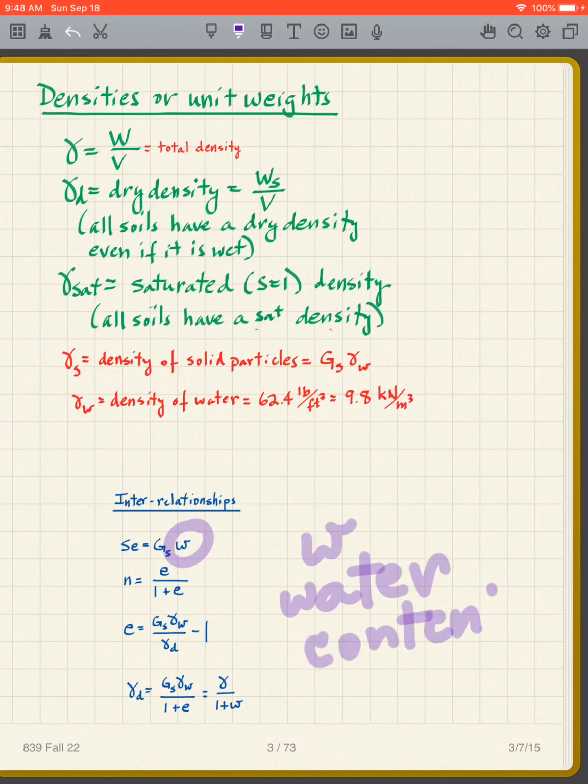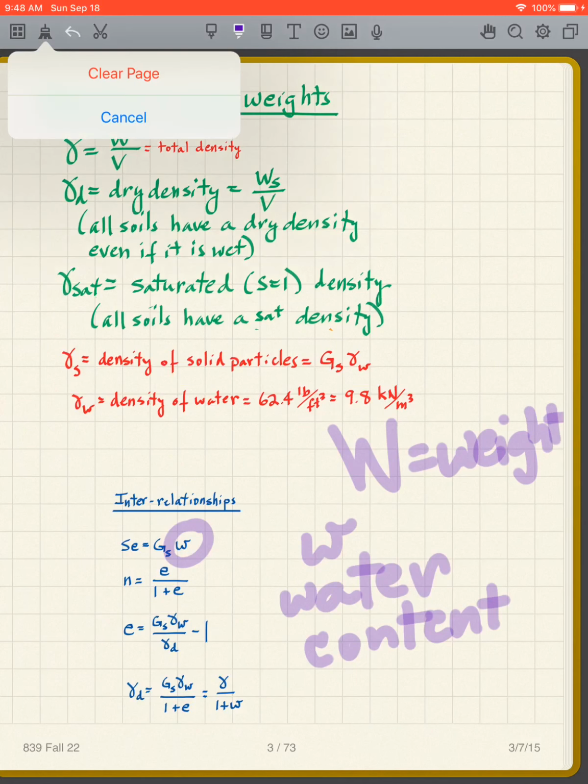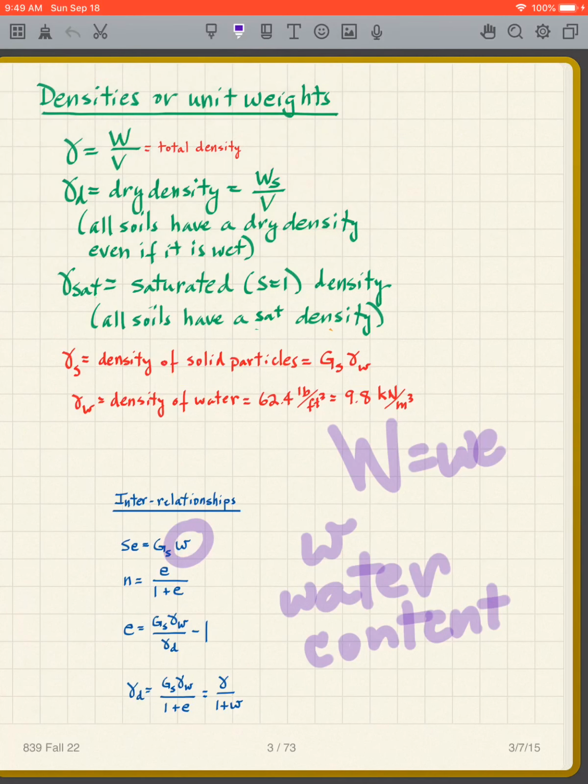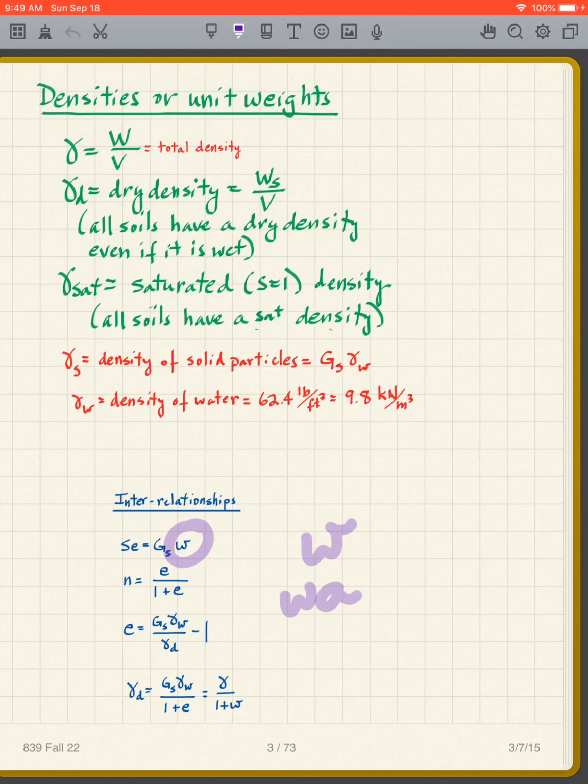Big W is weight. So do not get those mixed up. Small w is water content. Big W is weight. So when I draw a small w, this is water content.